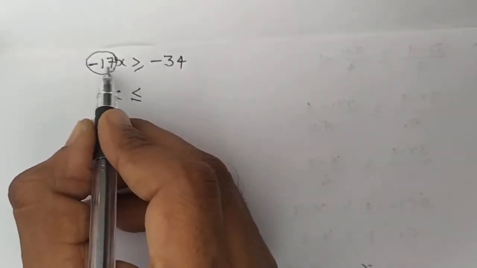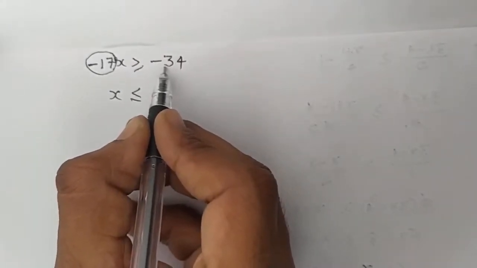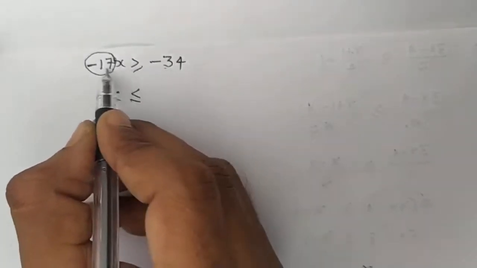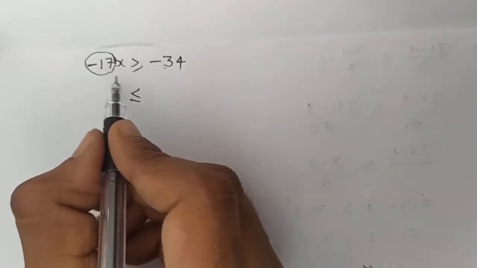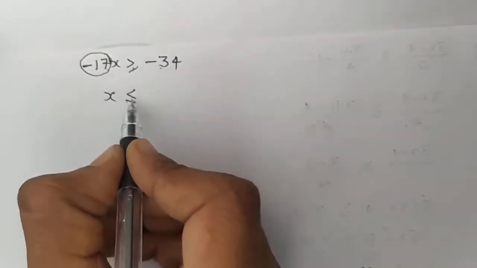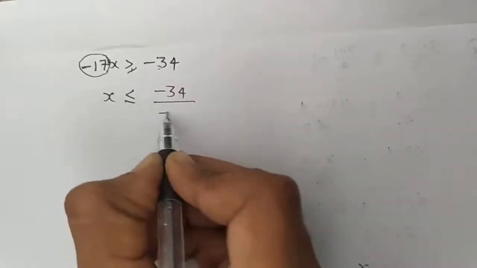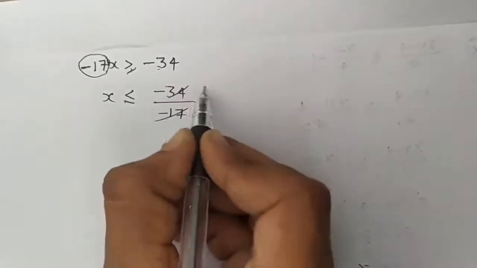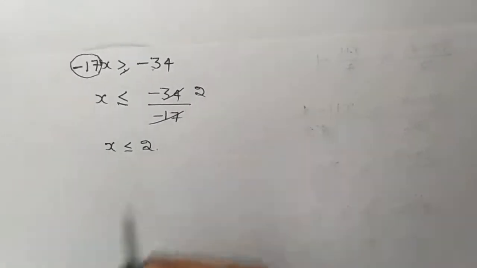That means we are dividing by minus 17 on both sides. Minus 34 divided by minus 17 is 2, since 17 twos are 34. Then x is less than or equal to plus 2.